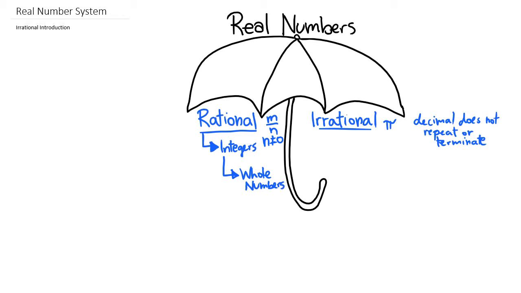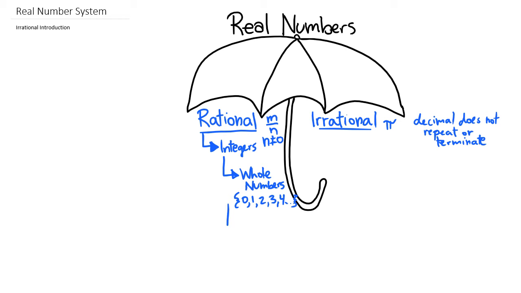Whole numbers are any number that is 0, 1, 2, 3, 4, and so on and so forth. There are no fractions, and no decimals, and they include 0.